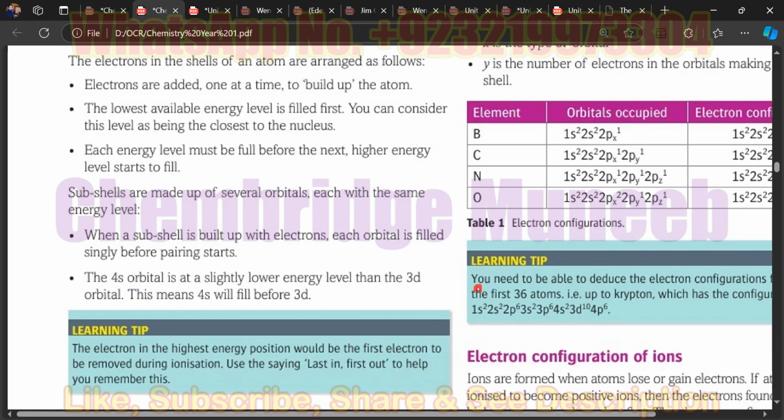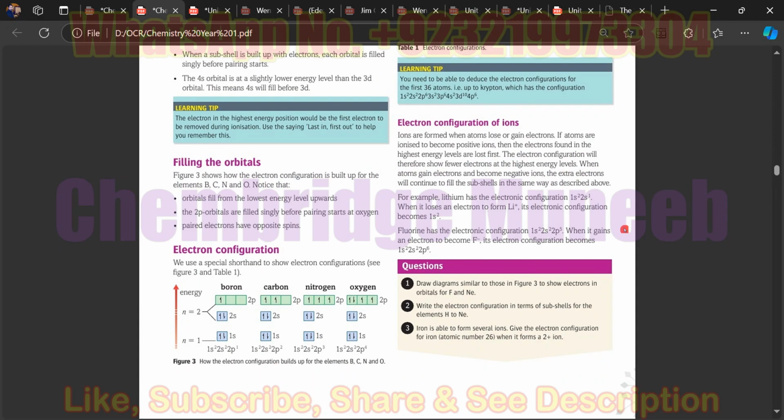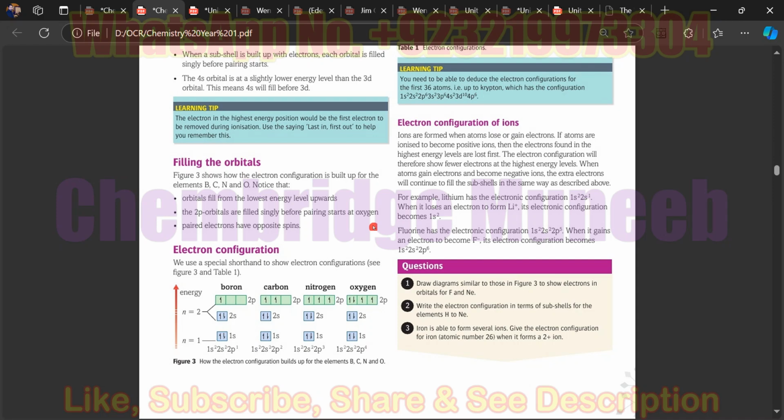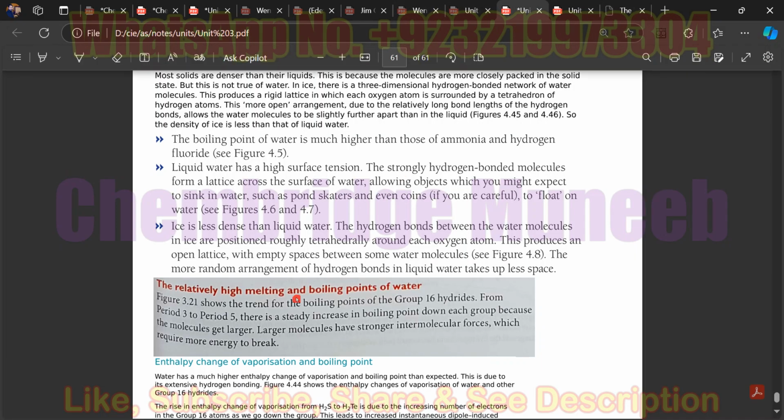So I'm going to show you the table of the filling of the electrons, the orbitals occupied, the electron configuration. I can show you this whole table of filling the electrons according to the energy levels from my notes, so you can have a clear picture.